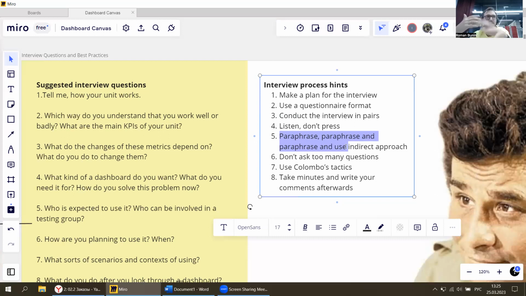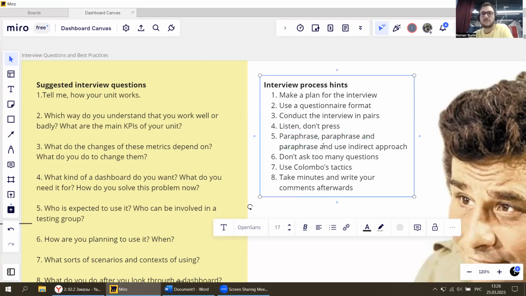You redirect the same thing: so you mean that the financial guy, John, is preparing monthly plans and sends them by email? And they say yes. So it means you understood what they said correctly.